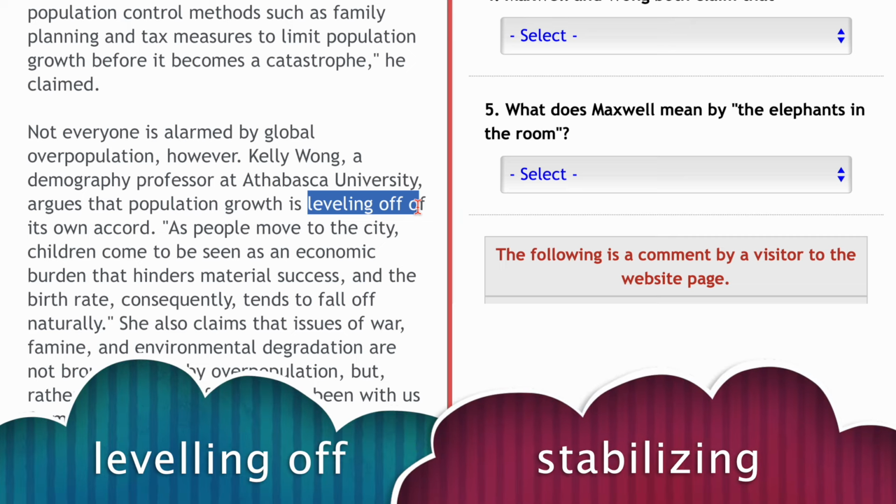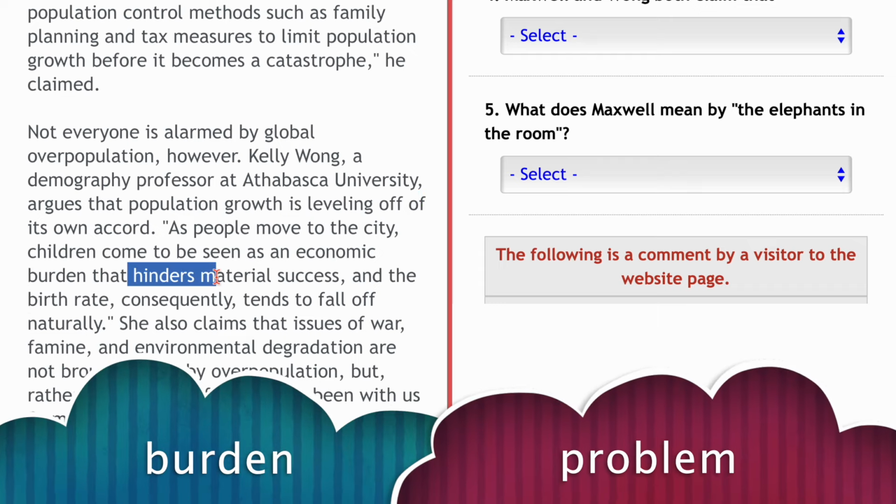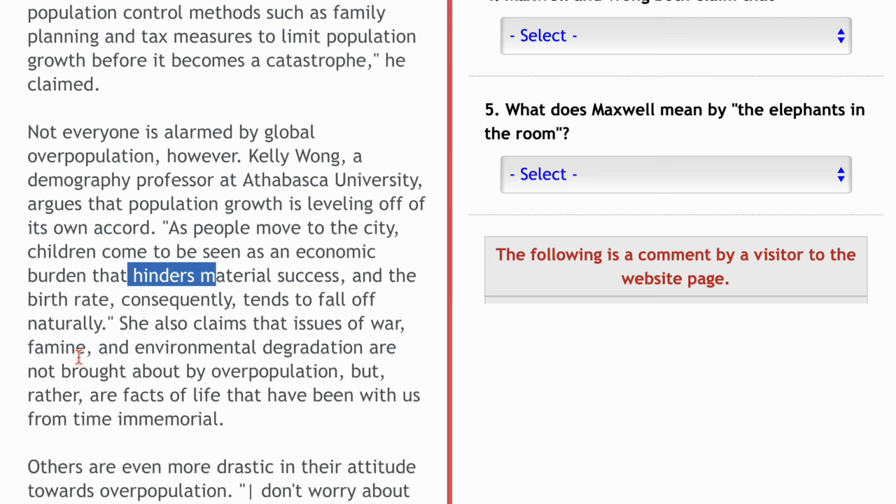Leveling off means stabilizing on its own accord, in its own way. As people move to the city, children come to be seen as an economic burden, a problem that hinders, stops, blocks, controls material success and the birth rate consequently tends to fall off naturally.